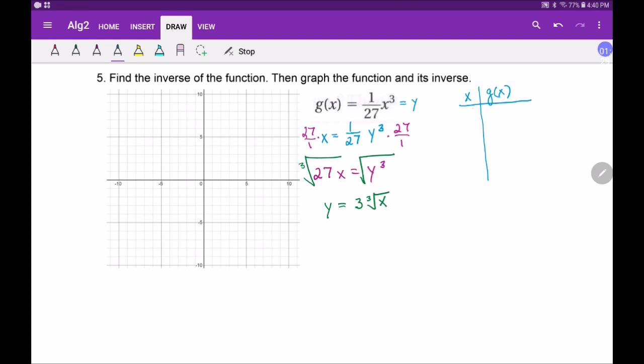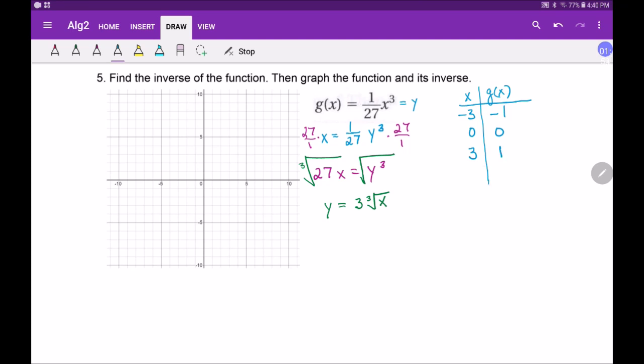What happens when x is negative 3? We get negative 1, because negative 3 times negative 3 times negative 3 is negative 27. When x is 0, y is 0, or g of x. When x is 3, then it's positive 1.